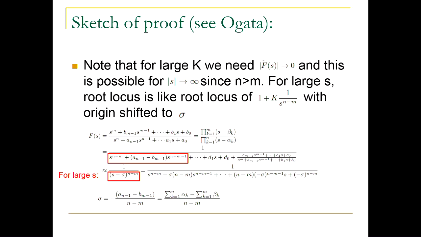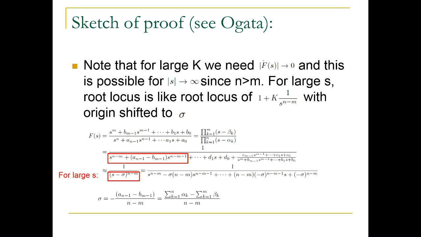Because I'm assuming that n is greater than m, I have something like this: a polynomial in s, and then a rational function in s. Now, asymptotes are really the situations where s becomes very large, so I have to consider the case when s is very large.